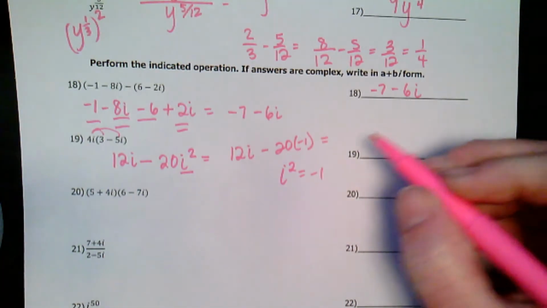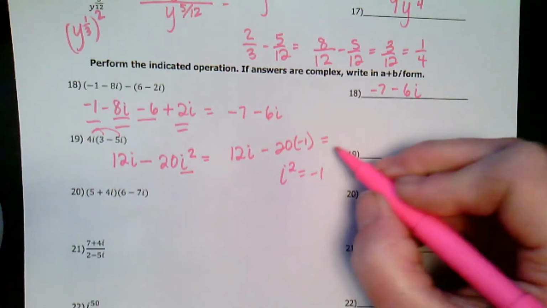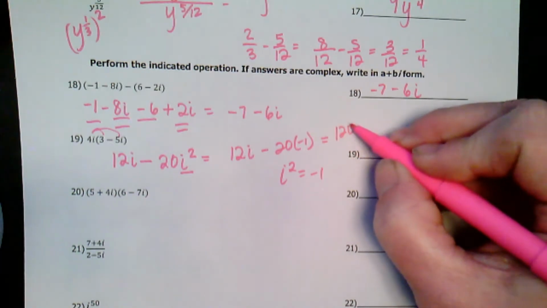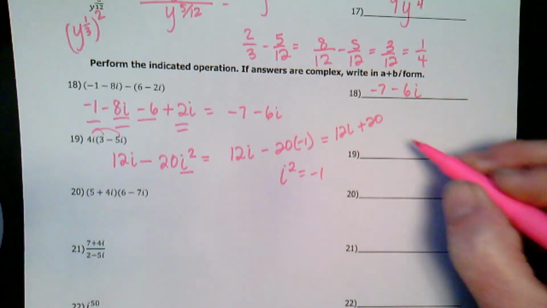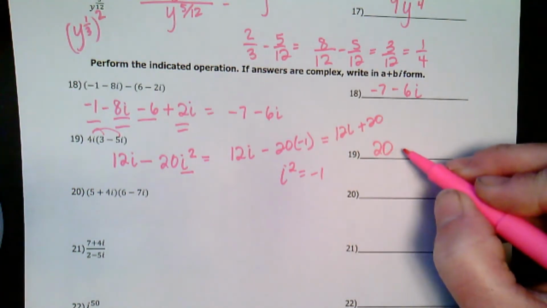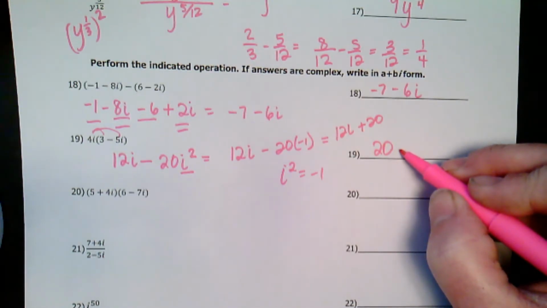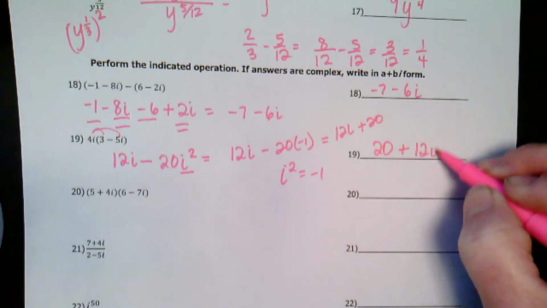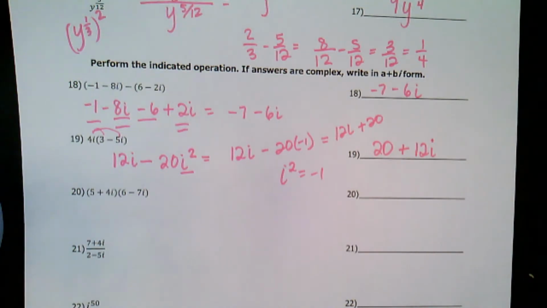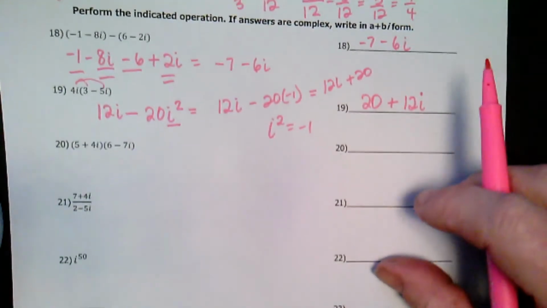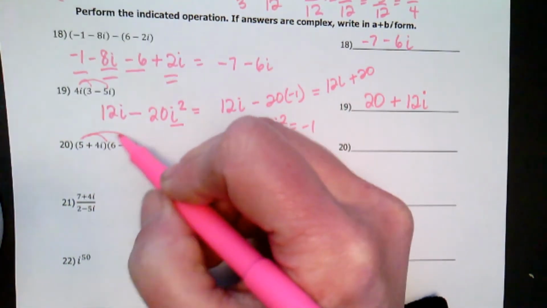So we can bring this out further, which is 12i plus 20. And then we want to make sure we write it in the right form. The constant goes first.